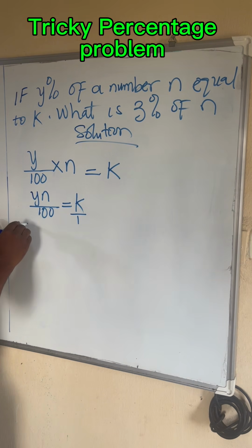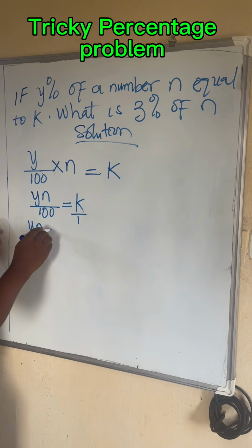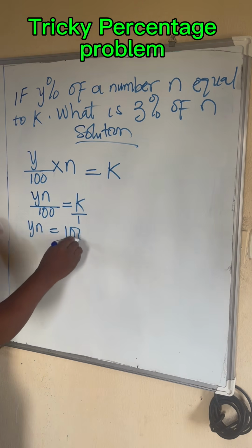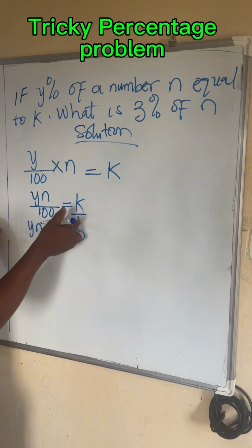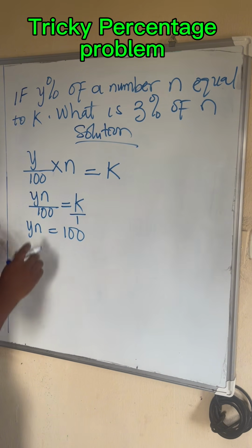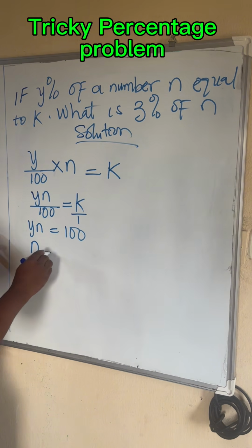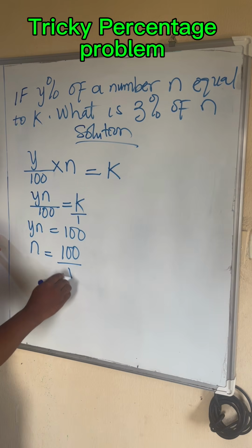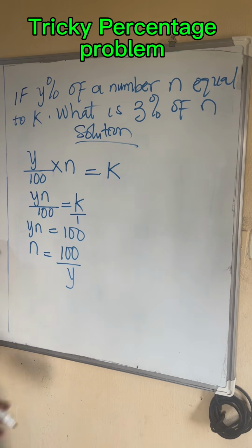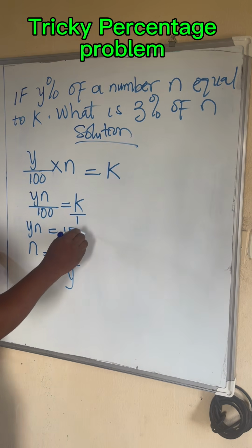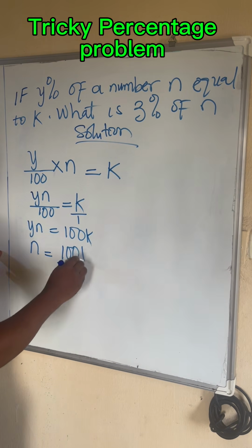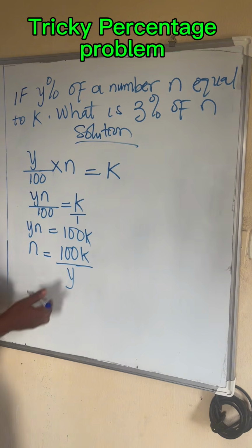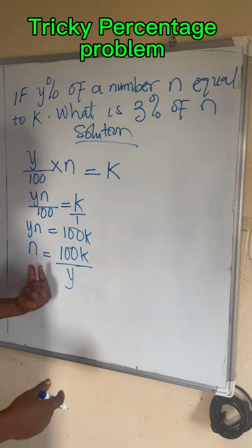We have yn is equal to 100k, 100 times k. So we now have that n is equal to 100k divided by y. This is the value of n.